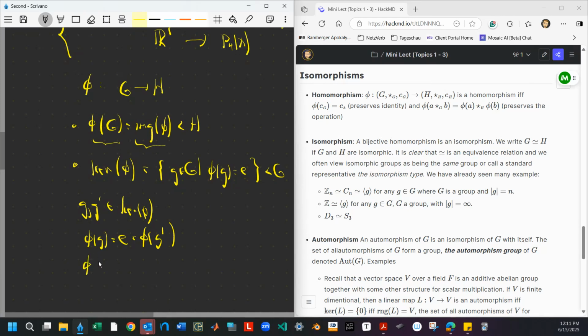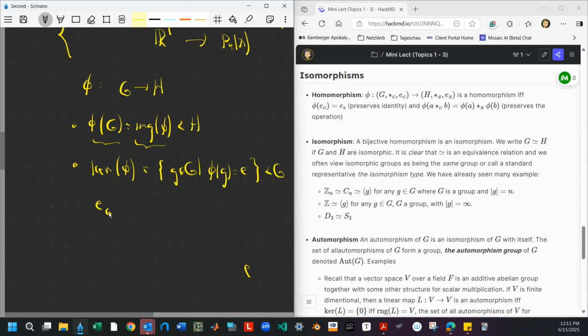So I know that phi of g times g prime is equal to phi of g times phi of g prime, which is e in H times e in H, which is equal to e. So g times g prime also gets sent to e. So we have closure. I took two objects in the kernel, and their product is in the kernel. So that's one part of this, and the other part is that.